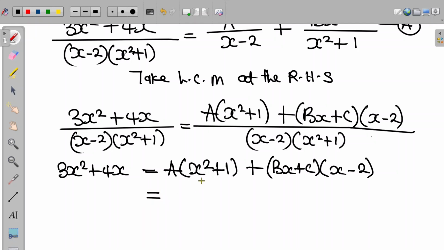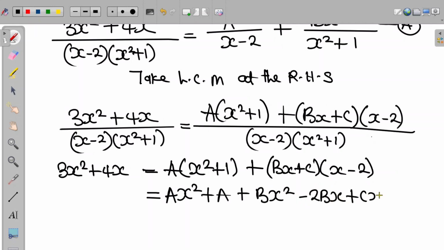At the right-hand side, we can open up the bracket. A times x squared is ax squared. A times 1 is a. bx times x is bx squared. bx times negative 2 is negative 2bx. c times x is cx, and c times negative 2 is negative 2c.